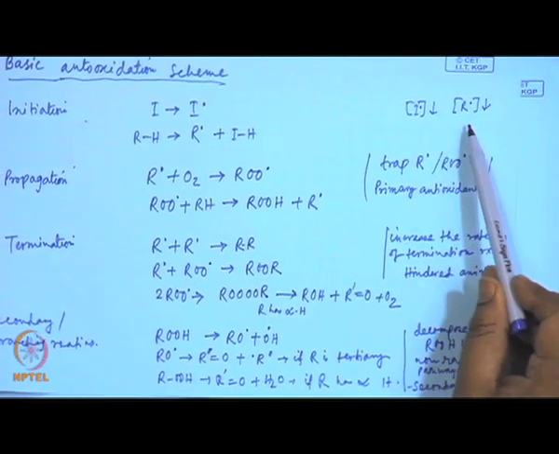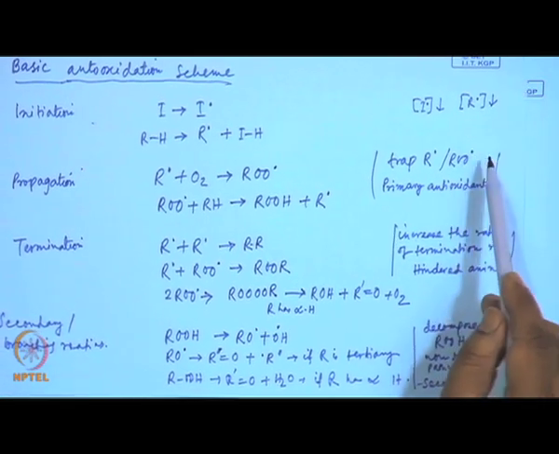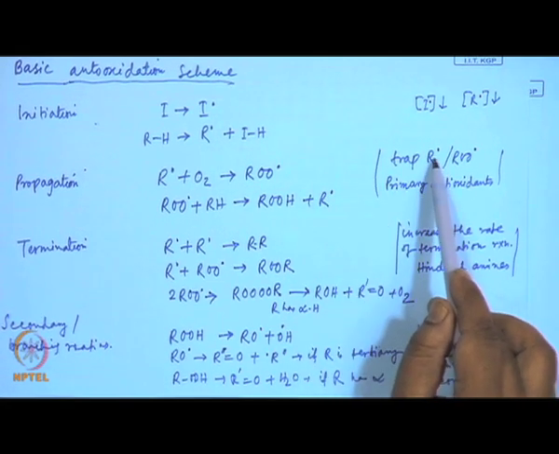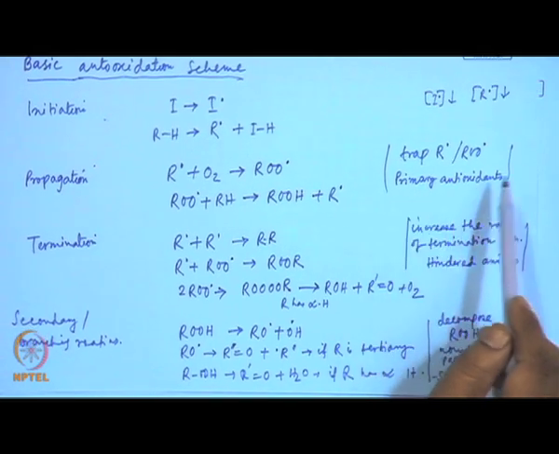You can always reduce the radical concentration, but it is not in our hands. So, we can add additives which can trap this radical R dot or peroxy radicals, which is done by adding primary antioxidants.